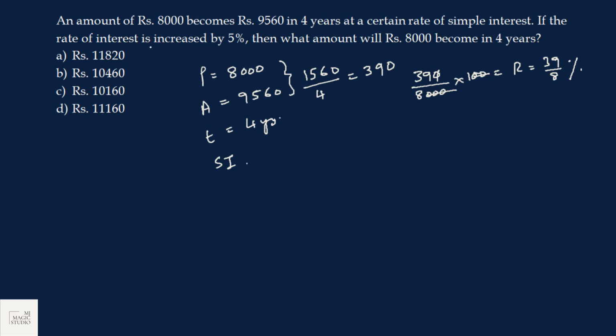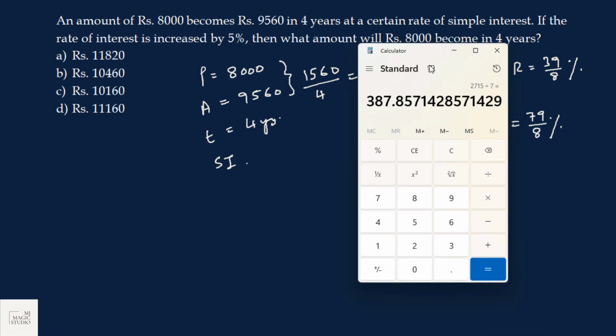If the rate of interest is increased by 5%, then what amount will 8,000 become in 4 years? So 39 by 8 plus 5, that becomes 79 by 8%. We need to just find 79 by 8% of 8,000, that we can do.